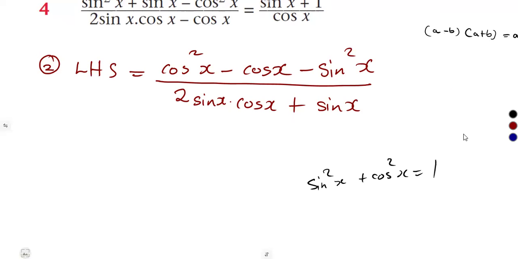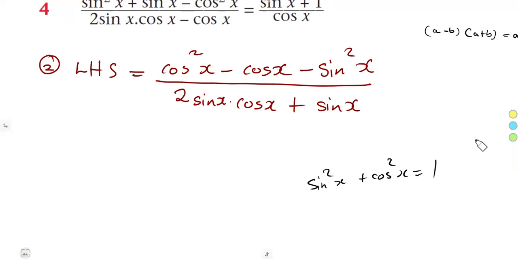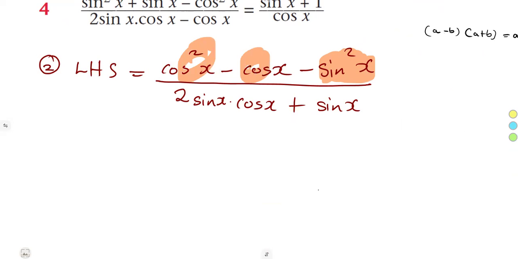That part does not work. So what we can do is get rid of the sine squared. Let's rewrite it in terms of a cos, because we already have a cos here, we already have a cos there.